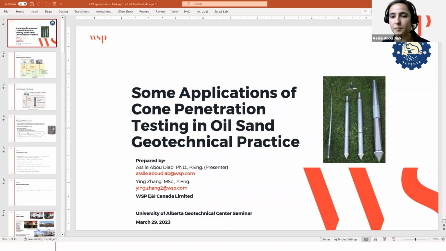Just to add on that, the liquefaction can be triggered by strain softening, any change in pore pressure, any change in site conditions that might trigger this strain softening behavior.